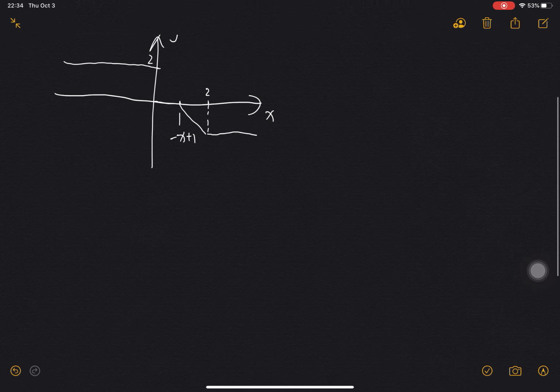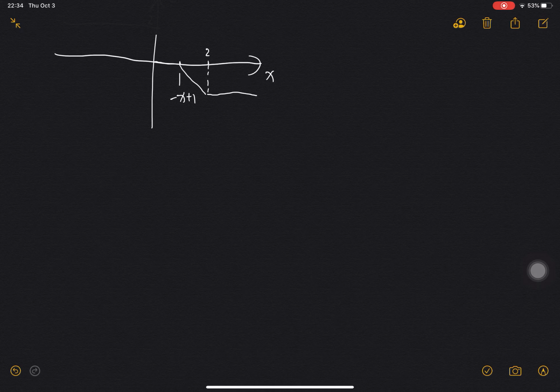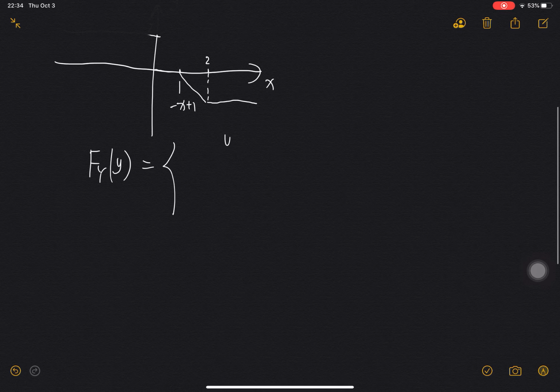Okay, next step. With this figure, we can know the part of the density function of y as this. So we can know that when y is smaller than minus 1, it should be 0. And when y is larger than 2, it should be 1, right?